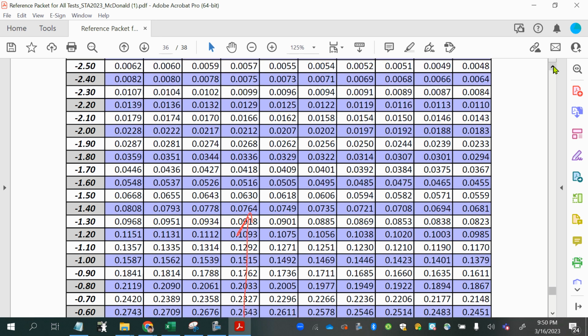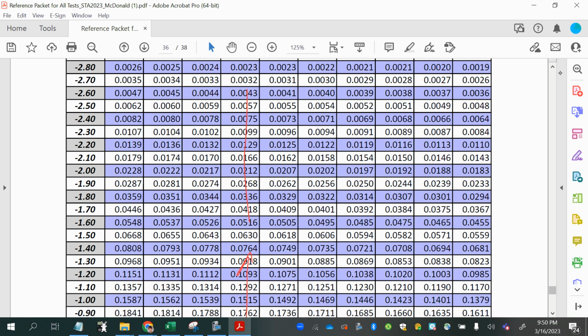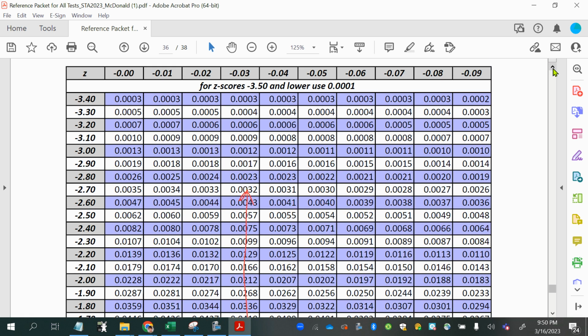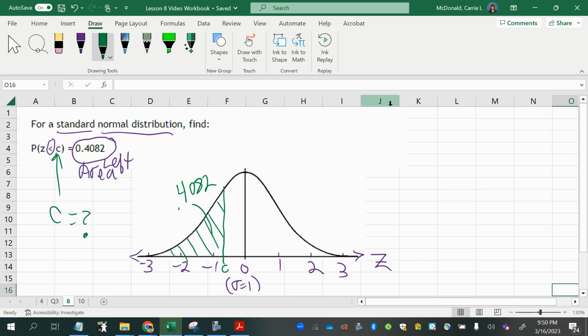And then the last digit is, keep going up and up, 0.03. So it's negative 0.23. So that's the answer here, negative 0.23. Seems about right, based on where I drew it, more or less.